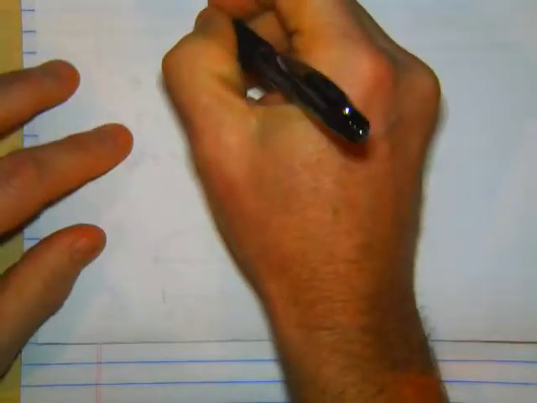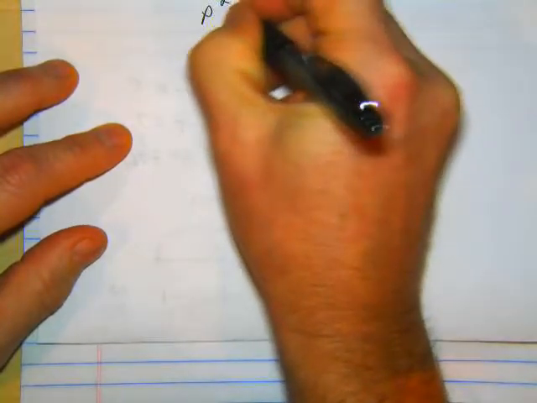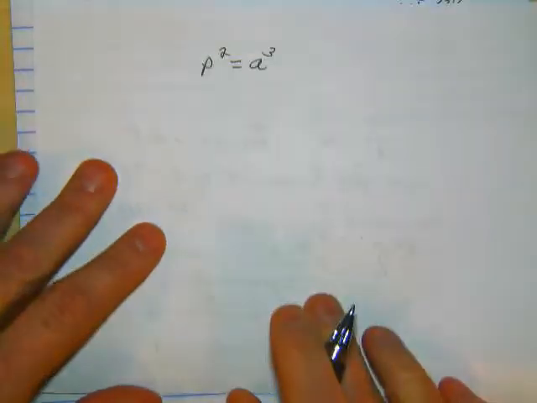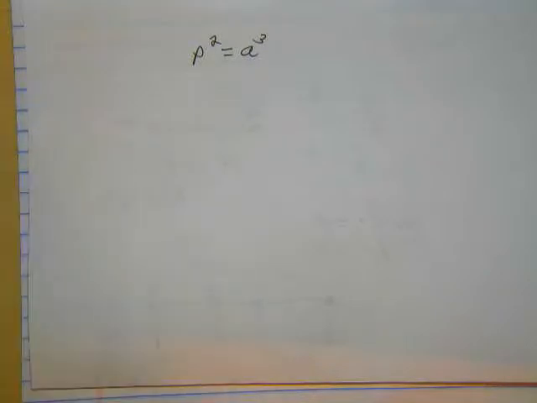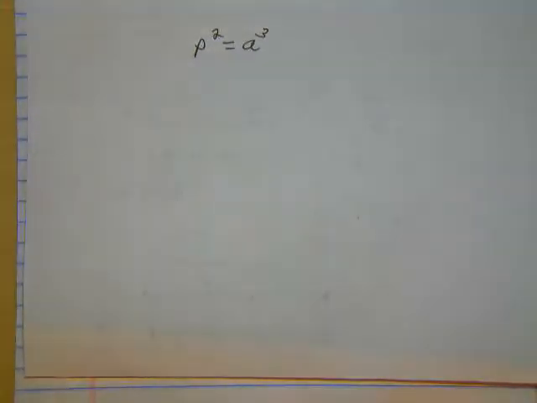The last problem that's going to be on the test deals with Kepler's third law. Kepler's third law stated that the square of the period equals the cube of the distance between the Sun and the orbiting object.